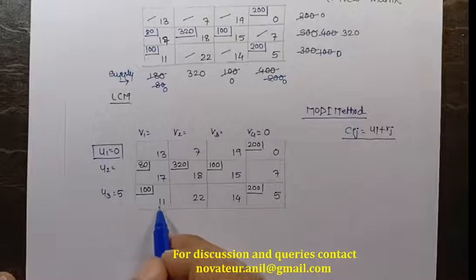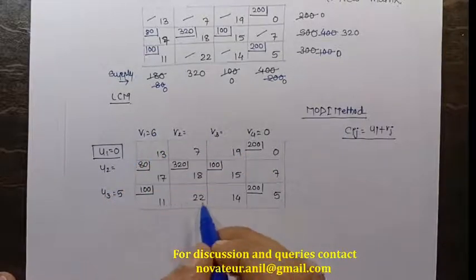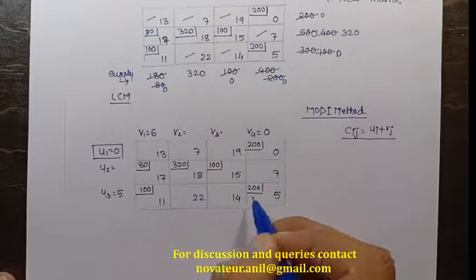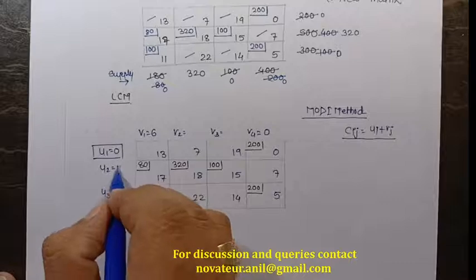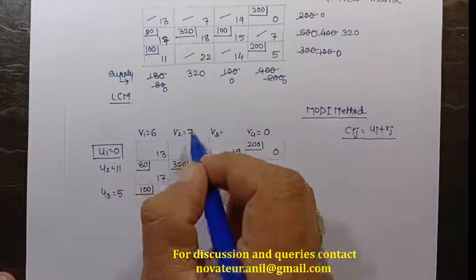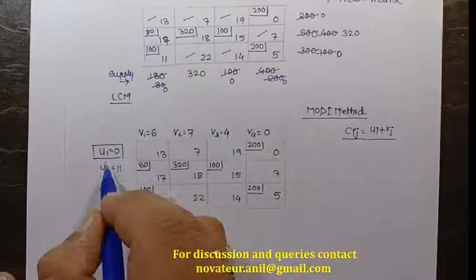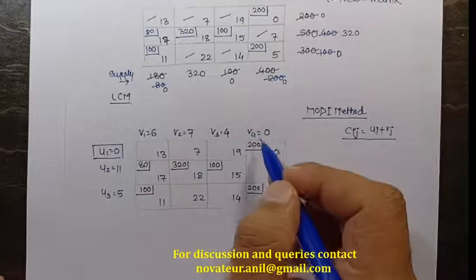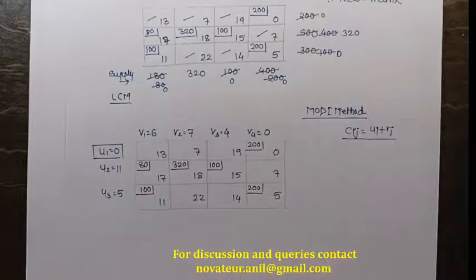Once I got this 5, 11, so here it will be 6, 5, 22. Okay, this is 6, this is 17, so this is nothing but 11. 11 plus something is equal to 18, so this will be 7. 11 plus something is equal to 15, so this is 4. I got U1, V2, V3 and V1, V2, V4. Okay, so the initial feasible solution is done.